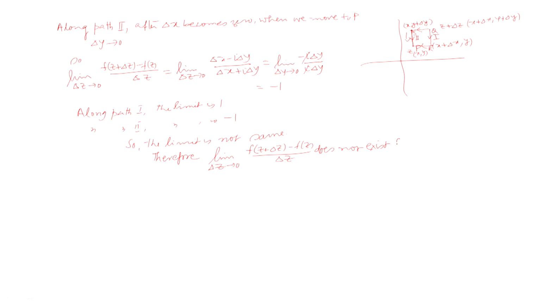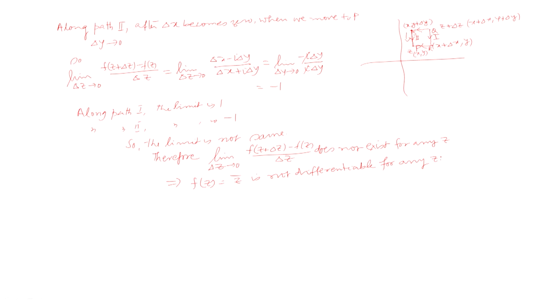And this means that f(z) equal to z conjugate is not differentiable for any z. Okay. So, we have seen that f(z) equal to z conjugate is continuous for every z, but it is not differentiable for any z. Okay.